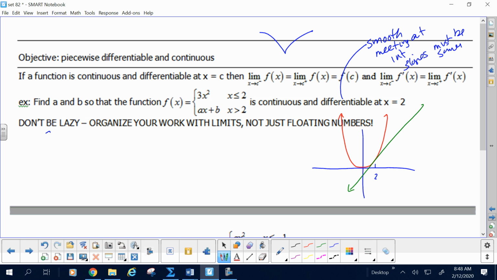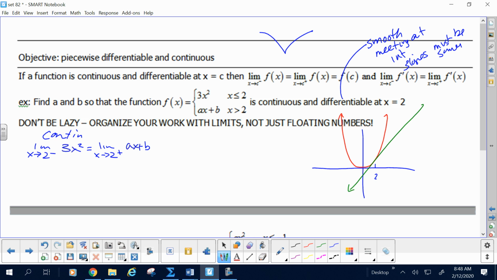Let's start with continuity. The idea is that the limit from the left, when you use a piecewise function, you say, here's the piece I'm talking about. So from the left, the piece is 3x squared, and it needs to meet the limit as x goes to 2 from above, which is the other piece of the piecewise, ax plus b.